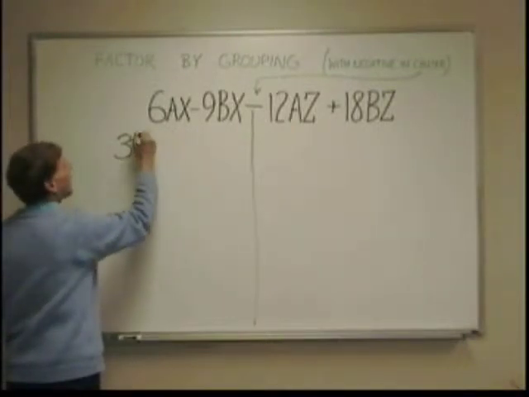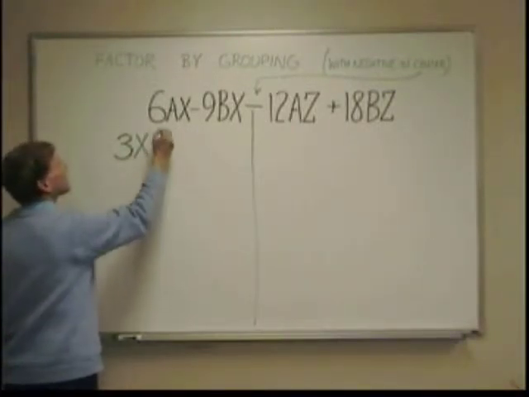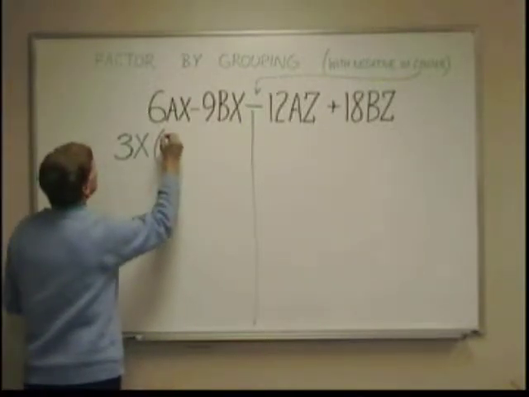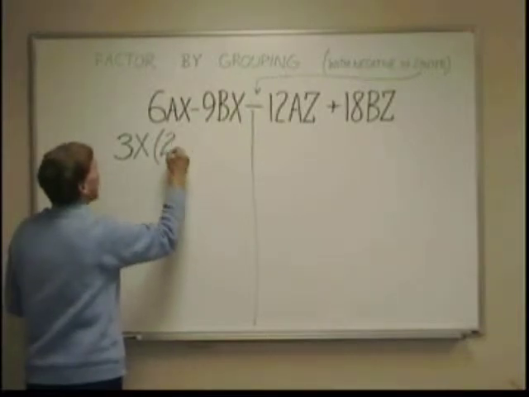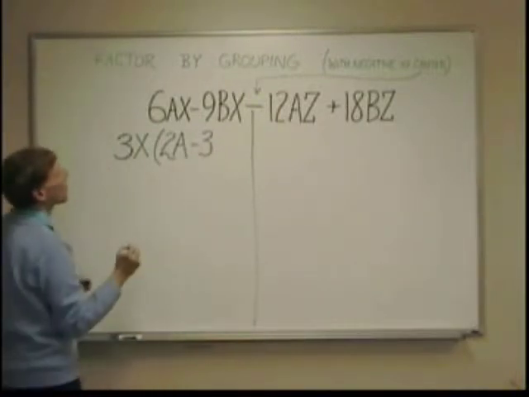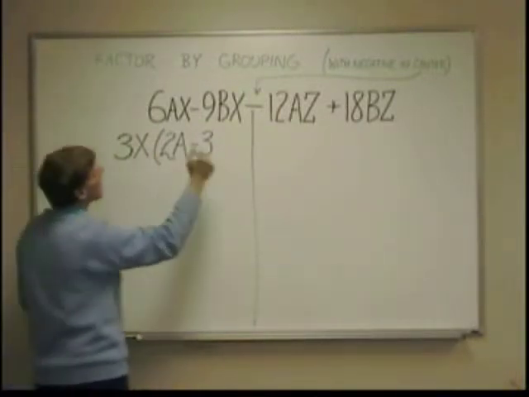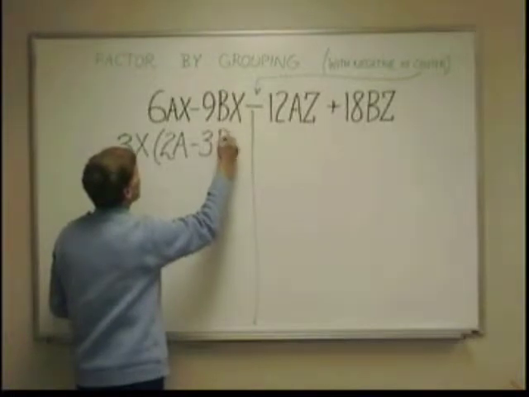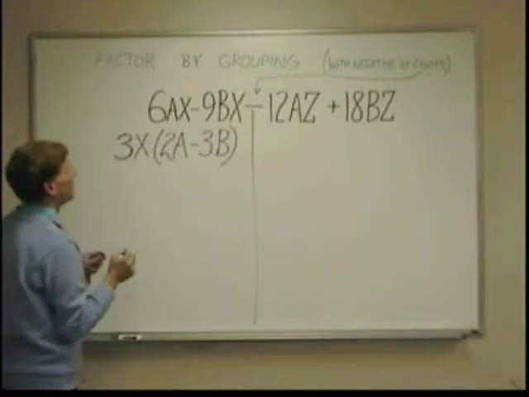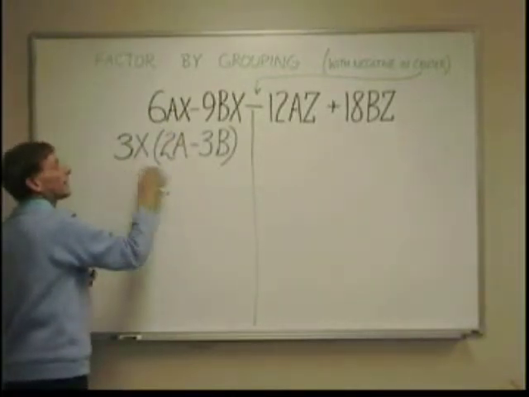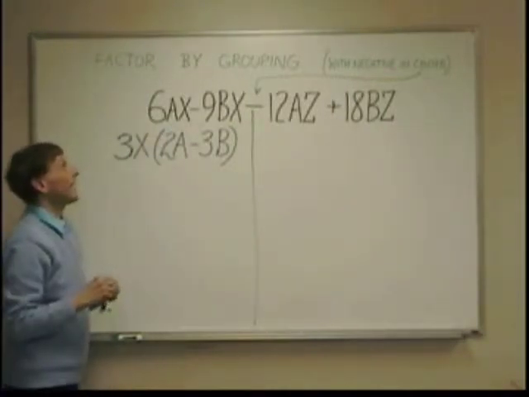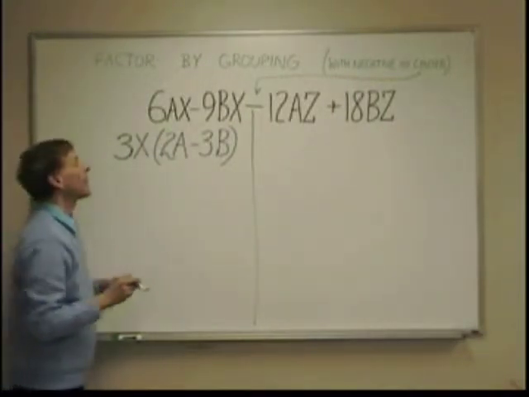And I also have an x, which comes out, leaving me with 2a minus 3b, which is in the middle because the 3x comes out. And if I would distribute that as a check, they would work out to the original 6ax minus 9bx.